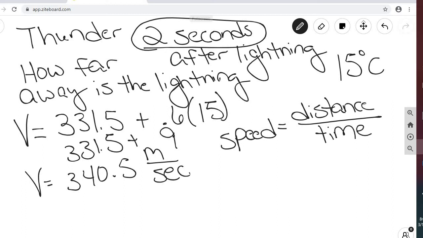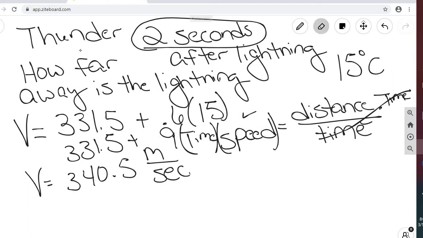We know the speed and we know the time, so what I'm going to do is solve this equation for distance. I want to get distance by itself, so I'm going to multiply both sides of this equation by time. So time times speed is going to equal distance.